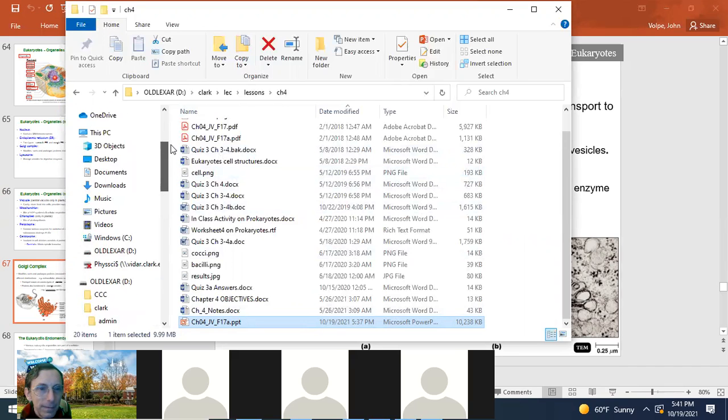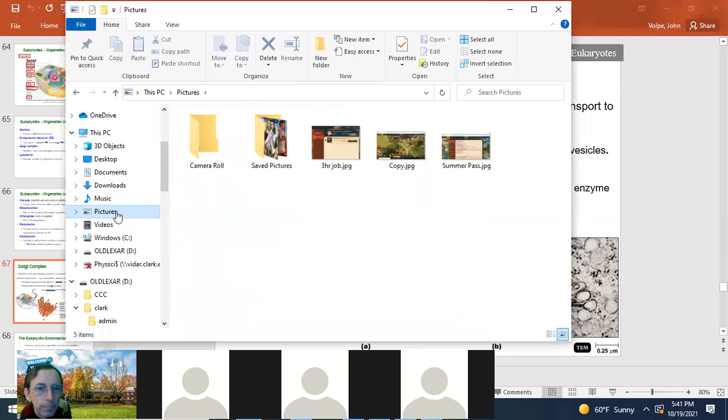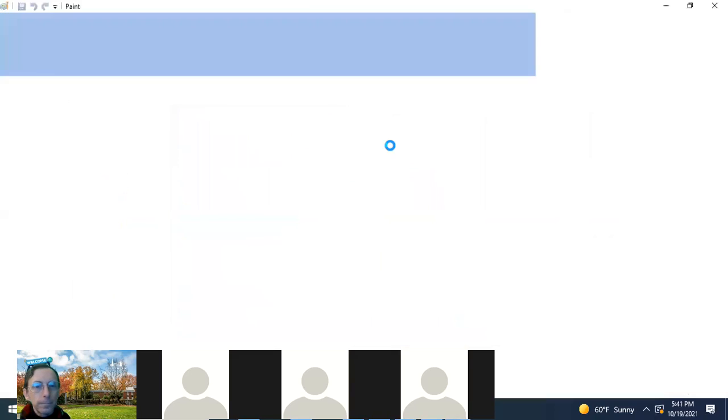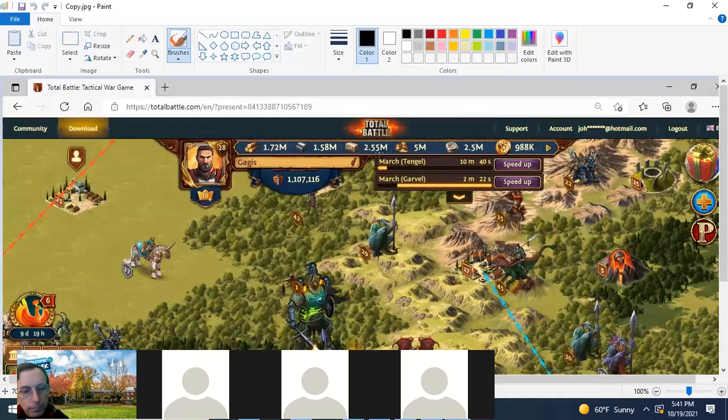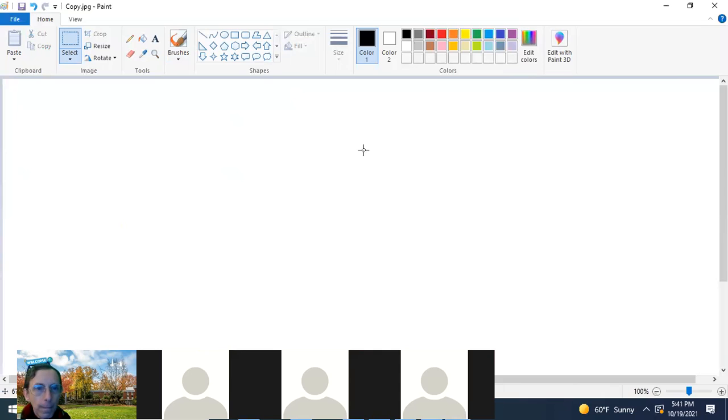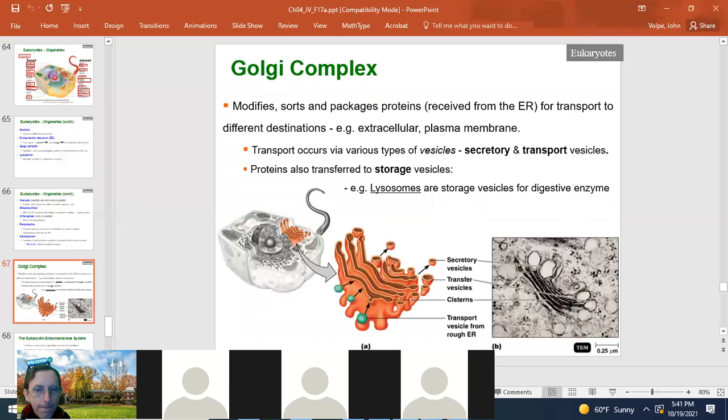You can sort of see here the Golgi apparatus on this side.